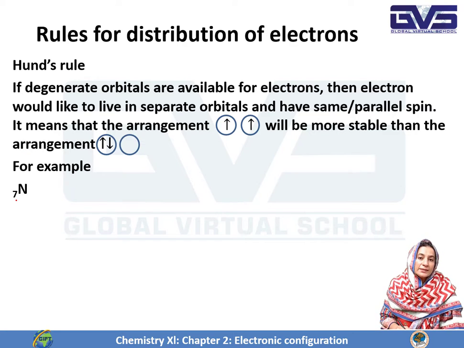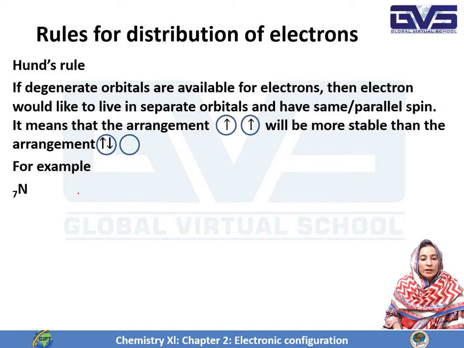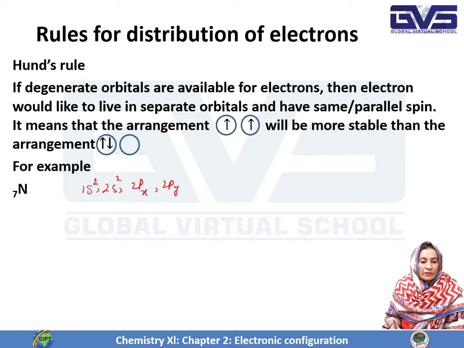For example, N7, nitrogen, its atomic number is 7, and if we write its electronic configuration, taking the sequence according to the Aufbau principle, we get 1s2, 2s2, and now I am expanding the p orbital into 2px, 2py, and 2pz.